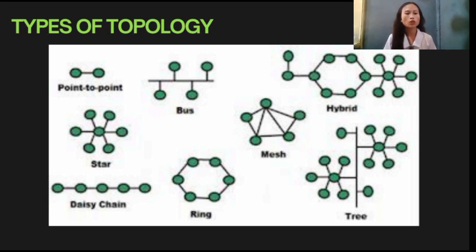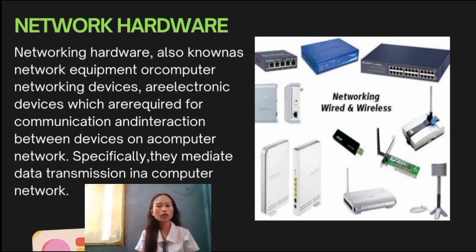A ring is a network topology where devices are connected in a circular configuration with each device connected to its two neighbors. So the last one is tree. A tree is a network topology where devices are connected in a hierarchical structure with each device connected to a parent device. Now, let's proceed to network hardware.